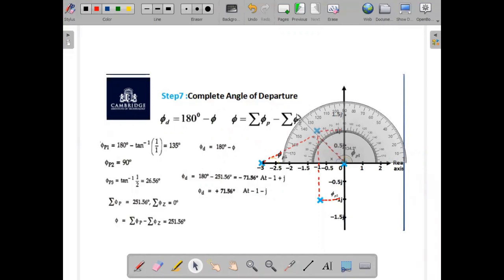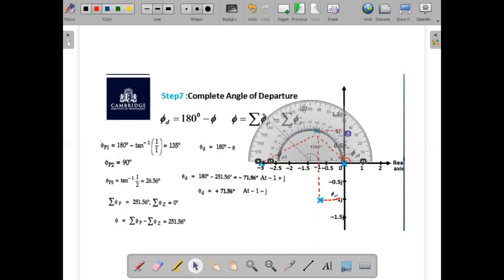Therefore, if you calculate the angle of contribution for the pole at s equal to 0, this angle shows you exactly 135 degree. This is the angle of contribution for the pole at s equal to 0 towards the complex pole under consideration.